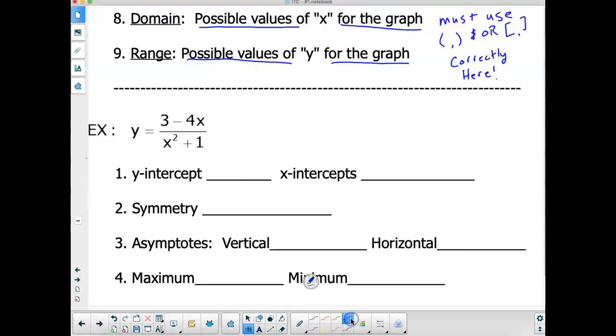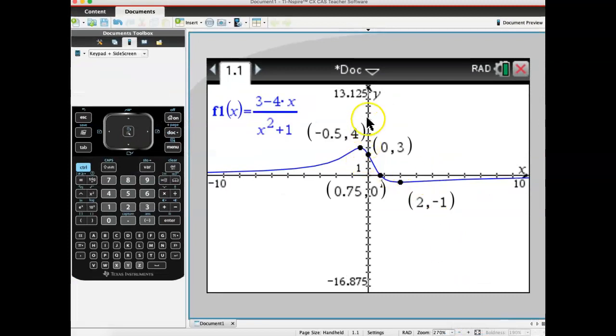And like I said, y-intercept, we could see it. The y-intercept was 0, 3. The x-intercept we got right off our calculator was 0.75 for the decimal freaks. Symmetry, when we looked at that, does this look like it has any symmetry across the y-axis?